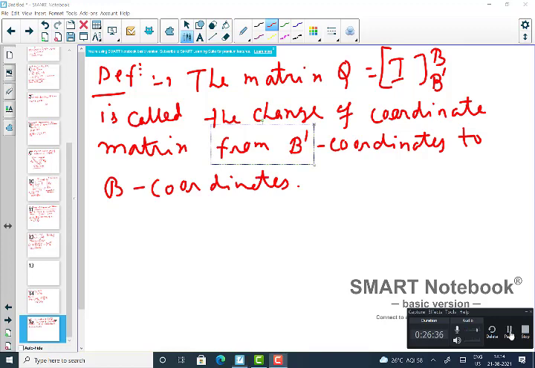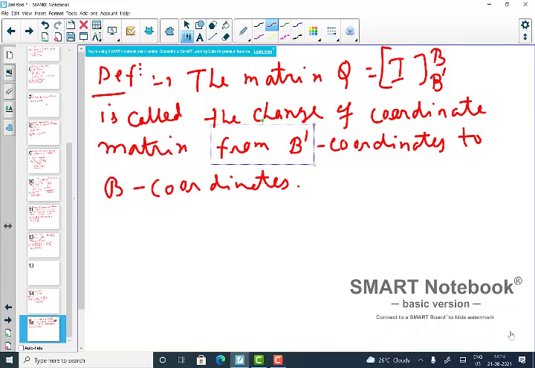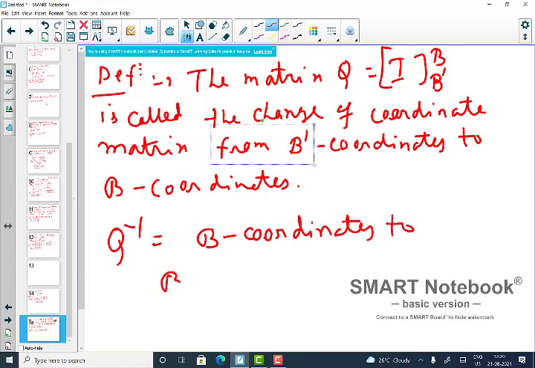And thus Q inverse changes the coordinates from B coordinates to B dash coordinates, the opposite one.